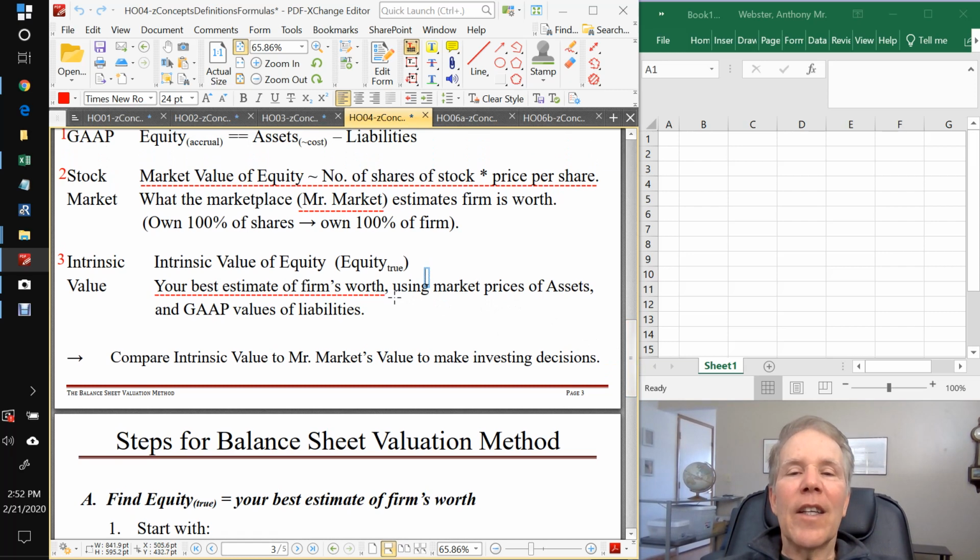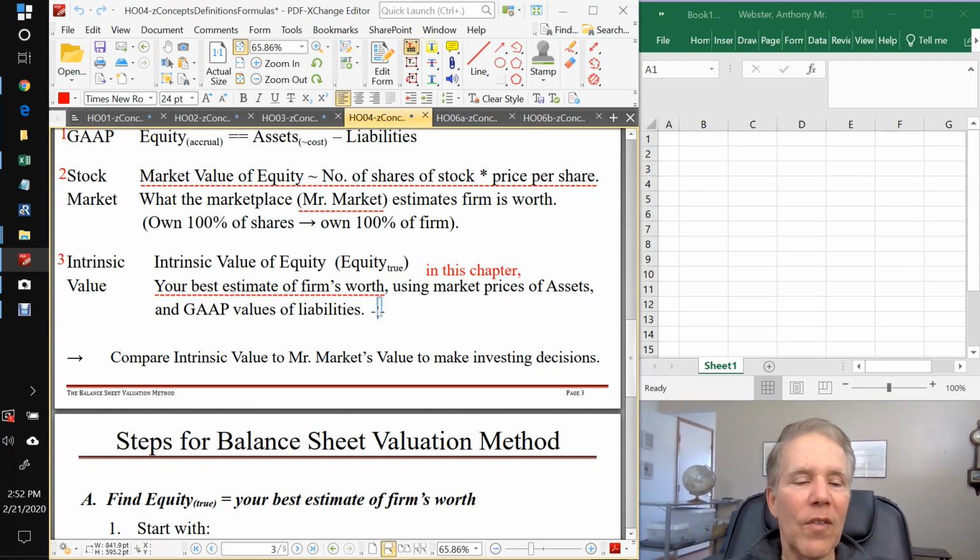In this chapter, we do this using the market prices of assets and GAAP values for liabilities because that's the balance sheet valuation method.